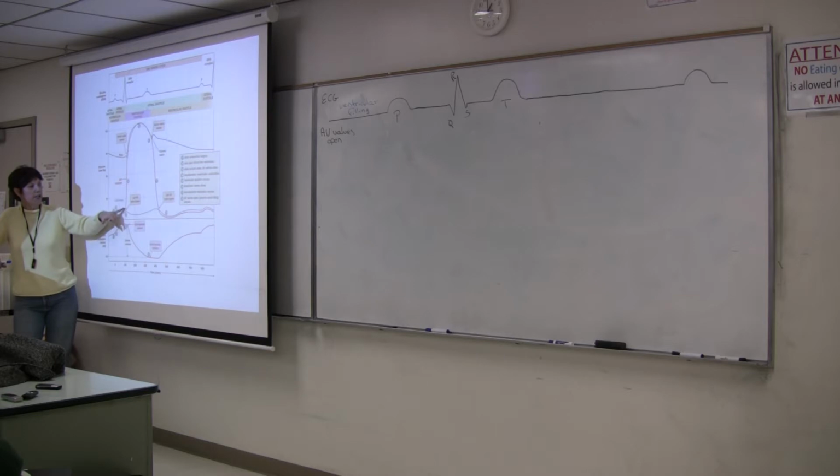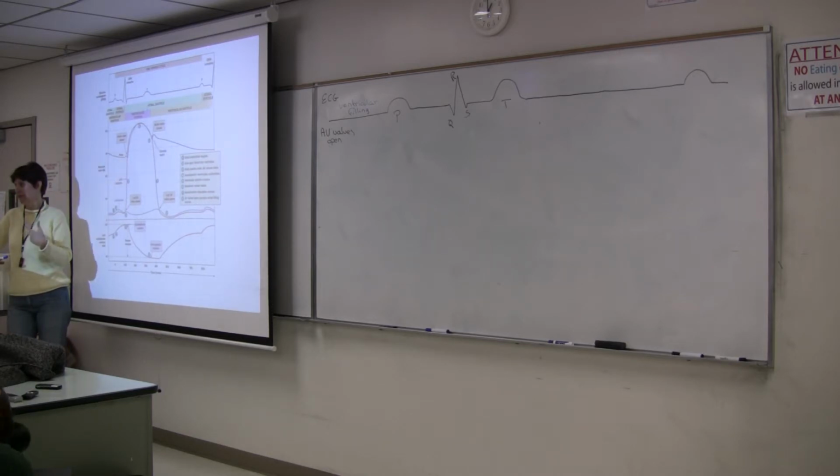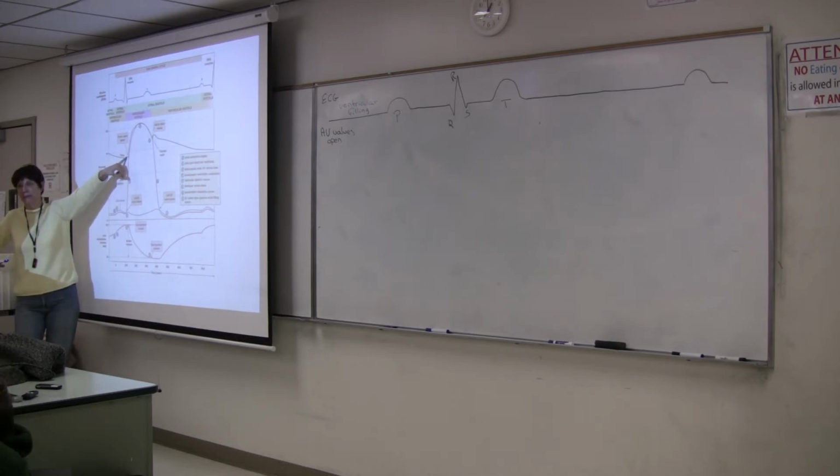When the pressure changes between the atria and the ventricle, we have an atrioventricular valve opening or closing. That should make sense. Where the pressure changes between the aorta and the ventricle, we have the semilunar valve, the aortic semilunar valve opening or closing. Where is that? Up here, because here's the aortic pressure.